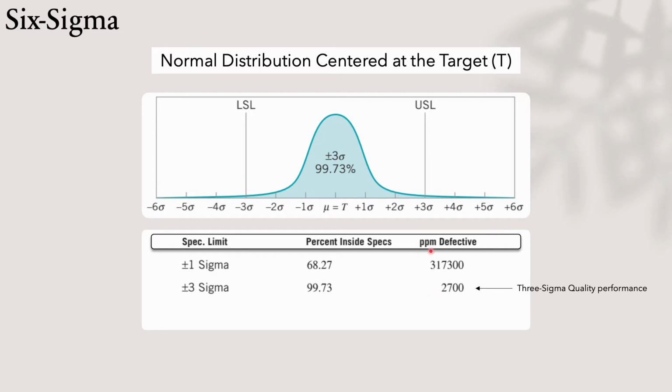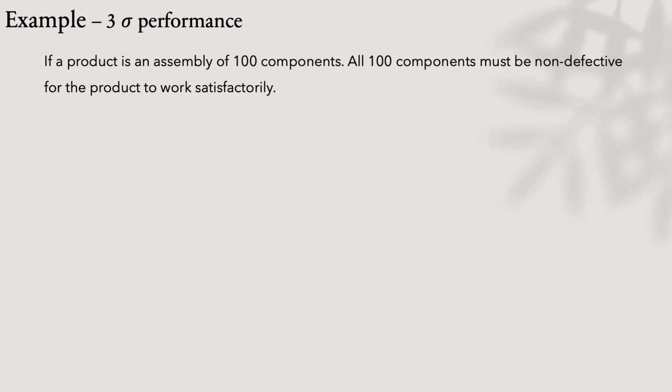In terms of parts per million, 2700 products out of a million may be defective. Now let's take a look at an example of 3 sigma performance.